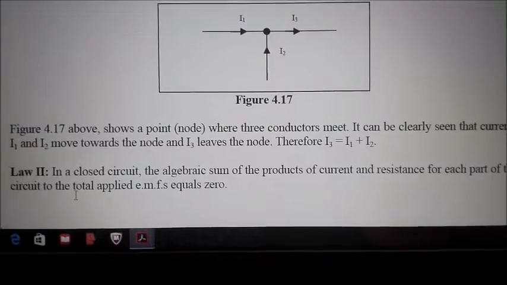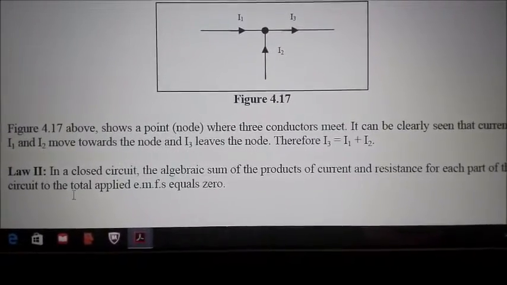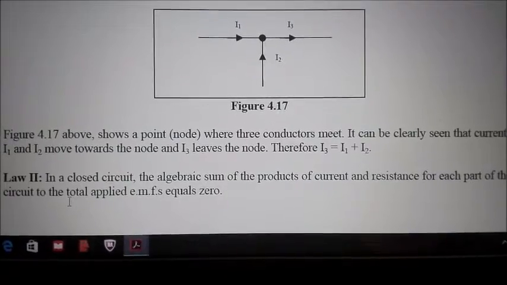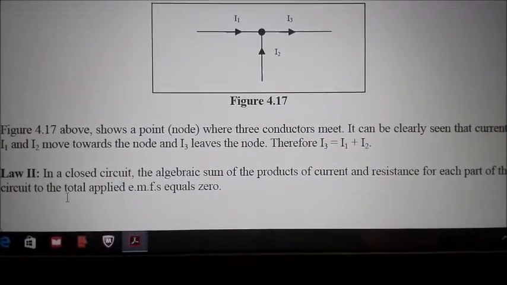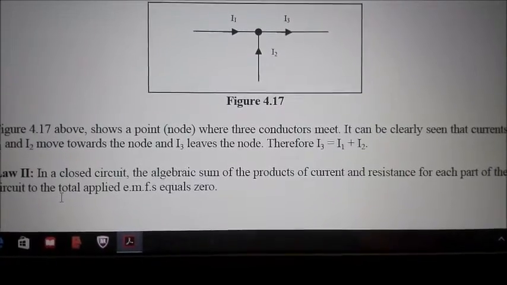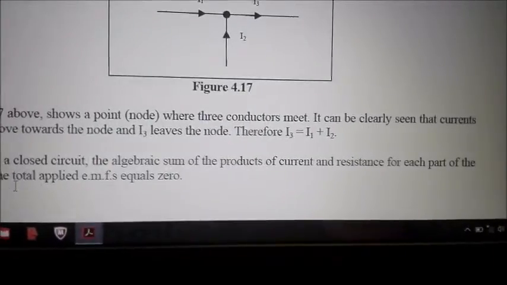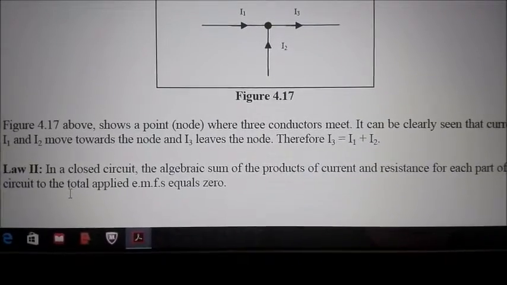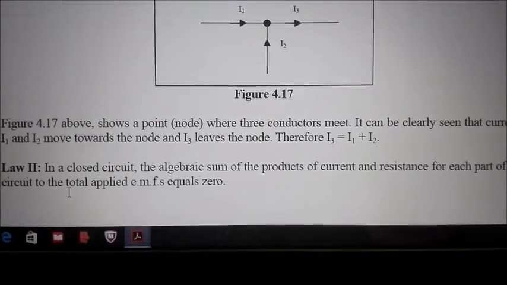So this is Kirchhoff's voltage law. And this law states that in a closed circuit, so the circuit has to be closed, the algebraic sum of the products of current and resistance for each part of the circuit, plus the total applied EMFs, equals 0.